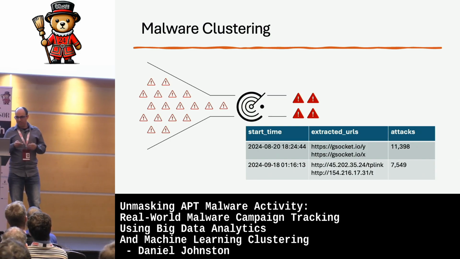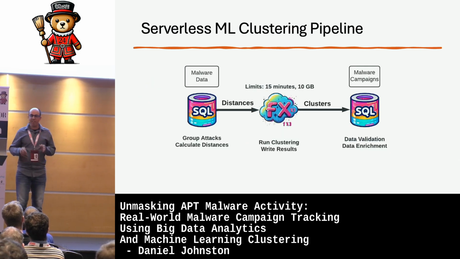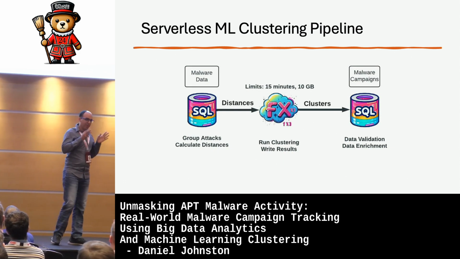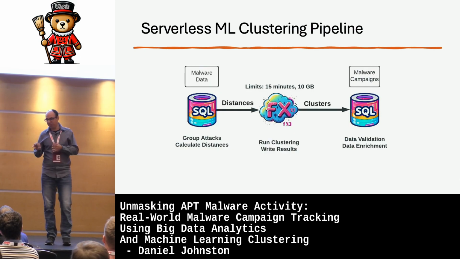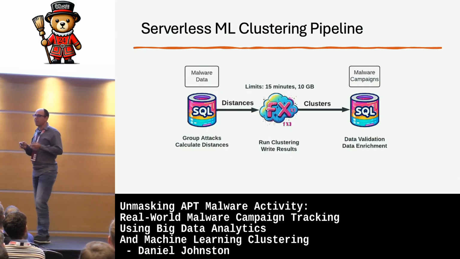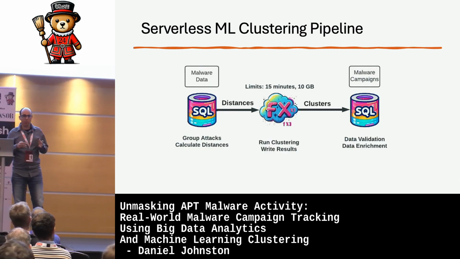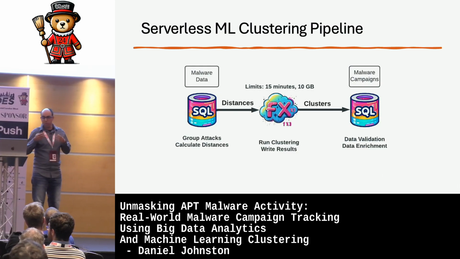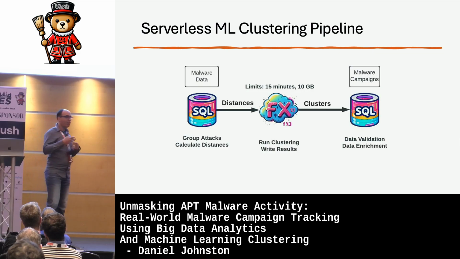So let's understand how it's done. We are using the same technology stack that we like. We have a managed query engine and we have cloud function. In this case, the managed query engine helps us to group the requests into attacks, and then calculate distances.